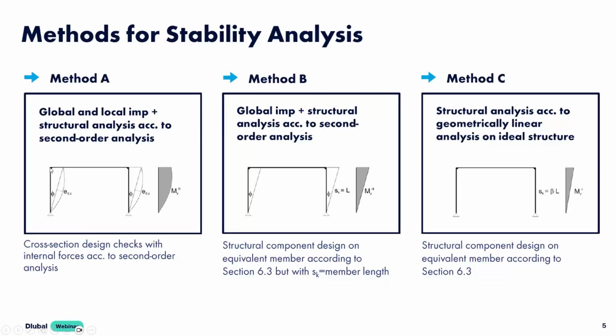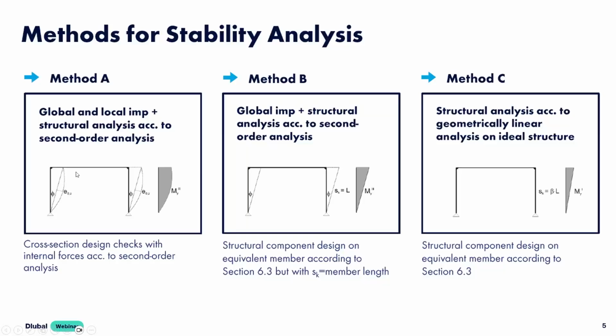You can simply run a cross-section check, and if the cross-section check is fulfilled, then the stability is checked by that. The difference is that we bring all the stability effects into the static analysis by using imperfections, second order analysis, and so on. So if the cross-section check is fulfilled, we also checked the stability.